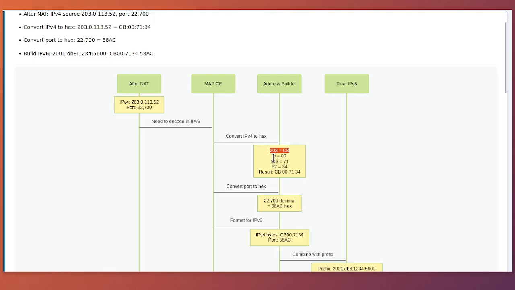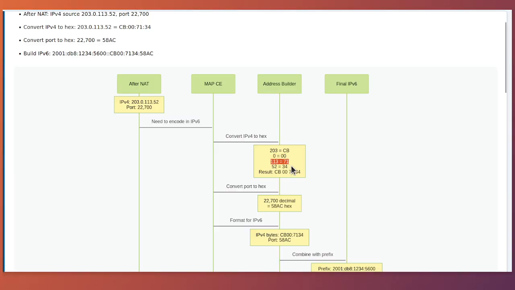203.0.113.52 consists of 4 octets. The first octet is 203 in decimal. To convert to hexadecimal, 203 divided by 16 is 12 with remainder 11. In hexadecimal, 12 is C and 11 is B, so 203 is CB in hex. The second octet is 0, which is 00 in hex.